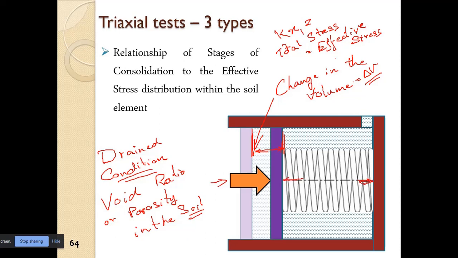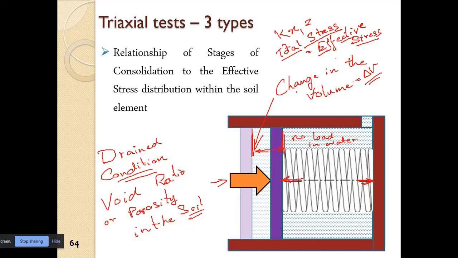So there is no component of the load in the water, or no pressure in the water. The entire load is taken up by the spring, or in other words the entire total stress is taken up by the soil, and therefore the effective stress in the soil is the same as the applied total stress.